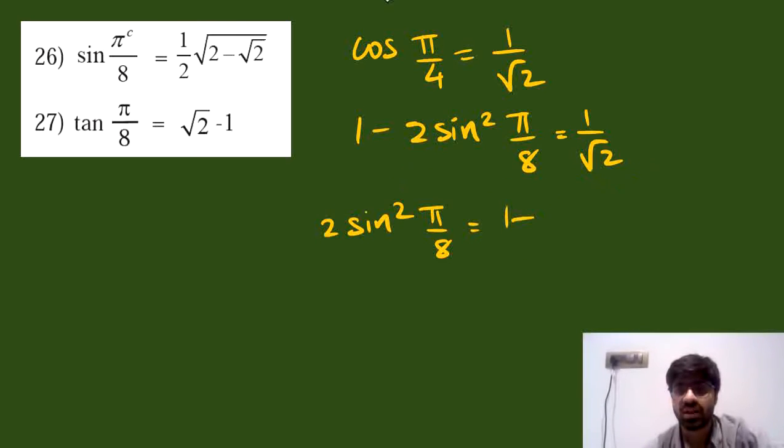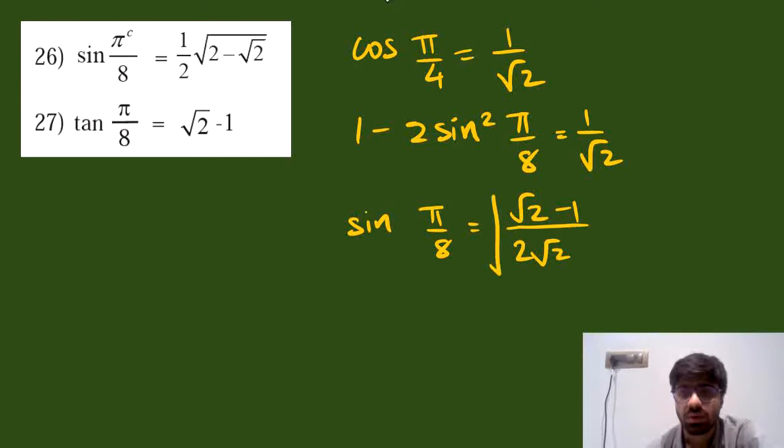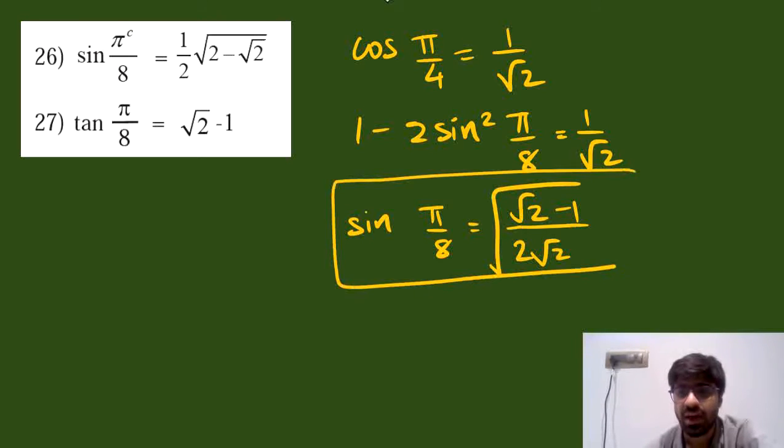So that would be 1 minus 1 upon root 2. This becomes root 2 minus 1, the whole divided by root 2. Take this 2 on the right and take a root. So you have the value of sine pi upon 8 as root of 2 minus 1 upon 2 root 2. Okay, they have written it in a slightly different manner. So what we can do is multiply the numerator and denominator with root 2.